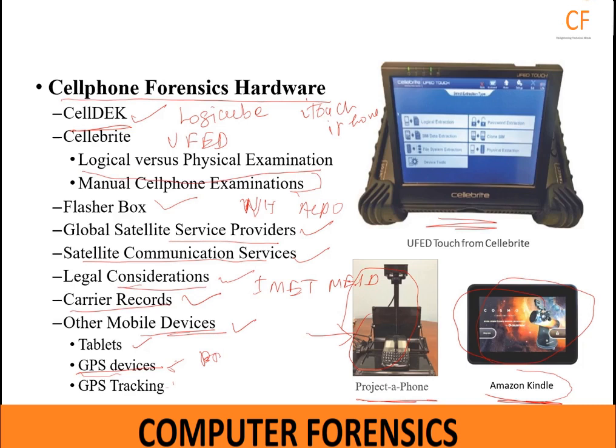GPS tracking. Since 2009, all cell phones are federally mandated to have a GPS chip embedded in the device. In 2003, the US Federal Communications Commission's E911 mandate was introduced.